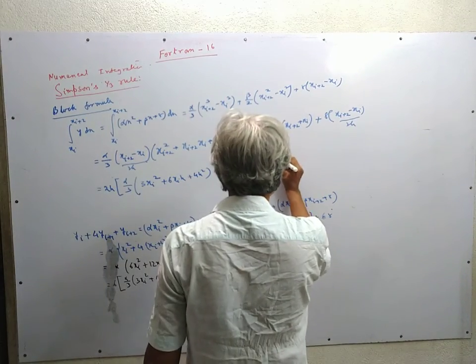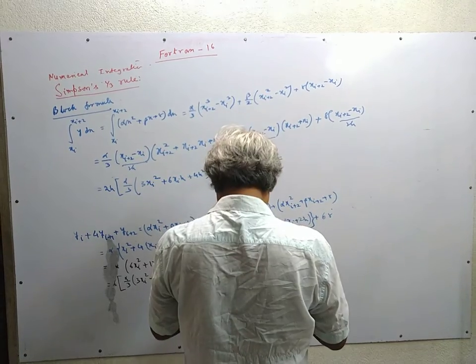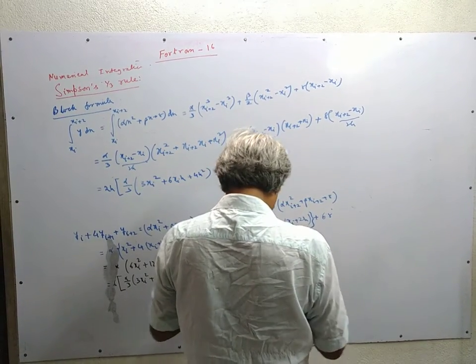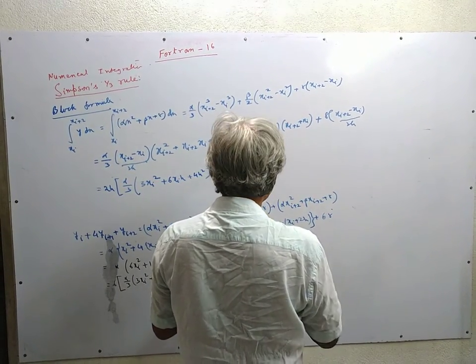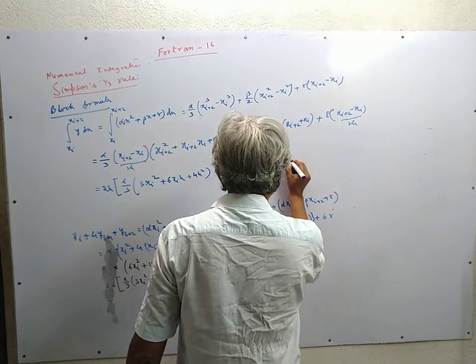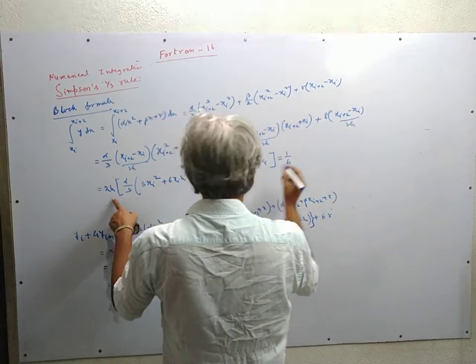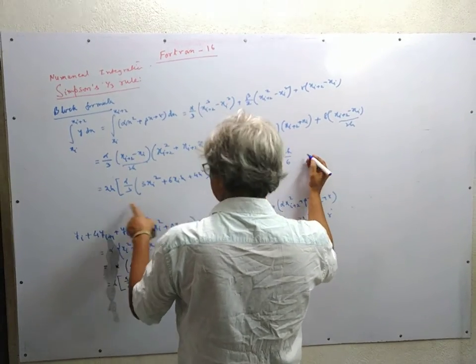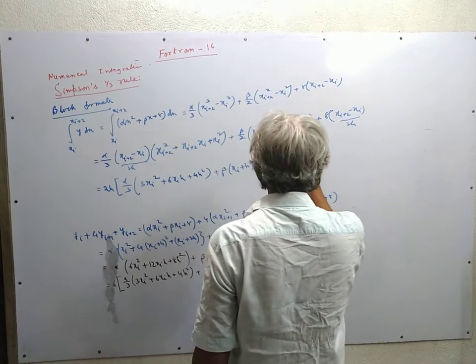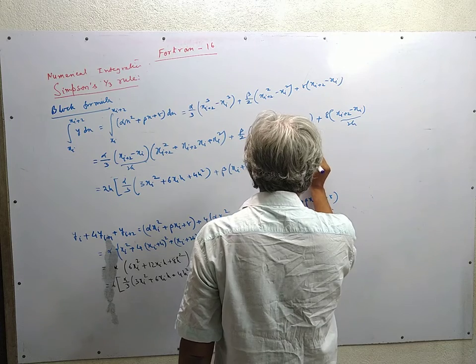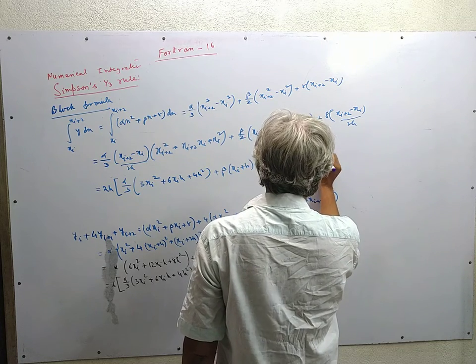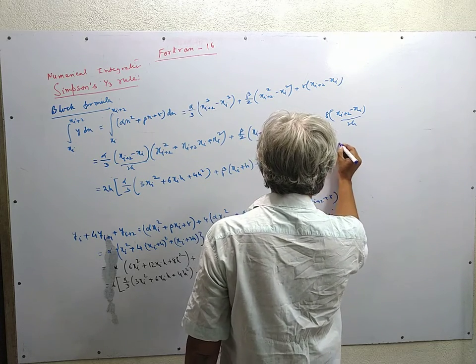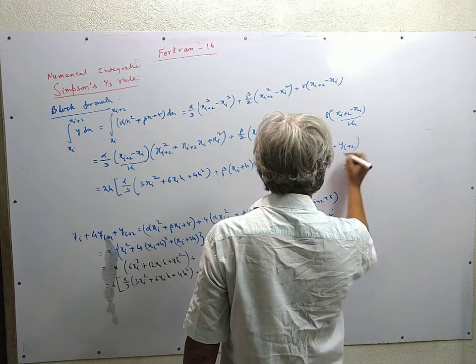So this is 1 by 6 into 2h, then this part is replaced by yi plus 4 yi plus 1 plus yi plus 2.